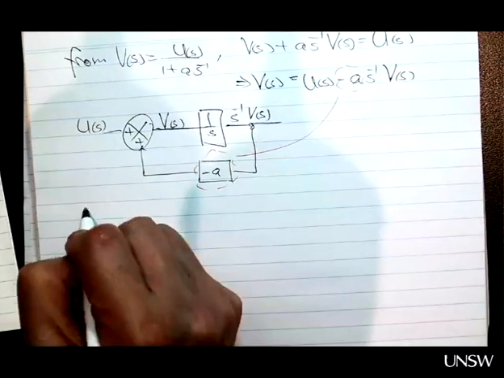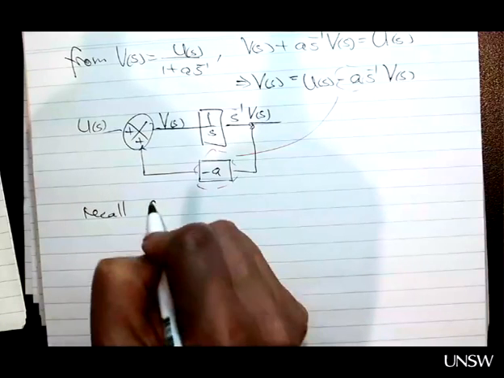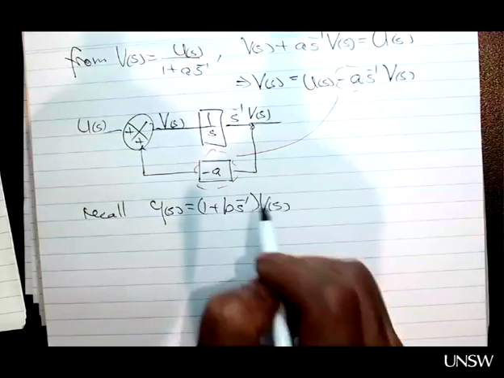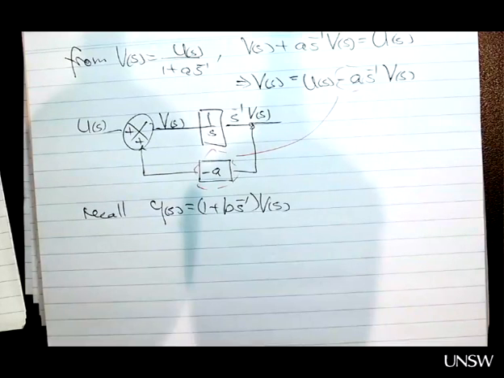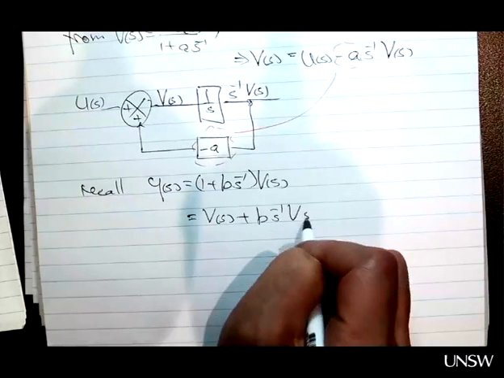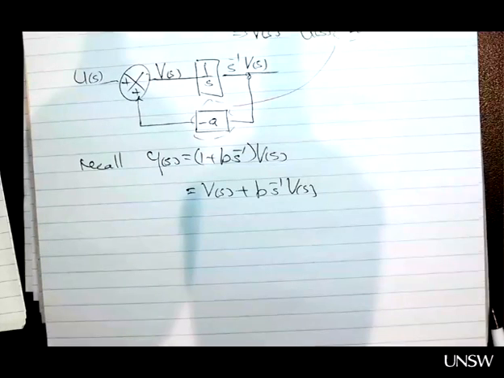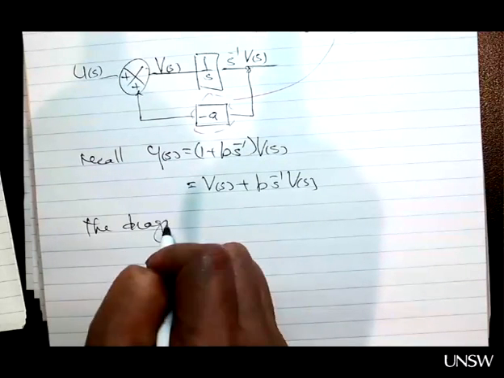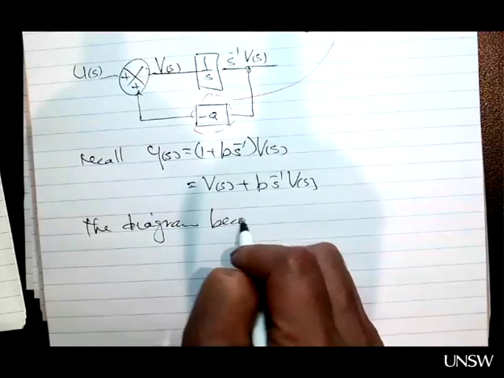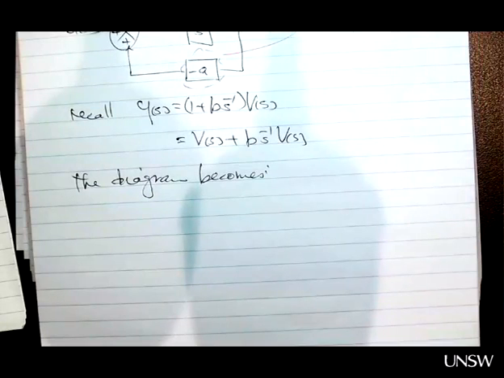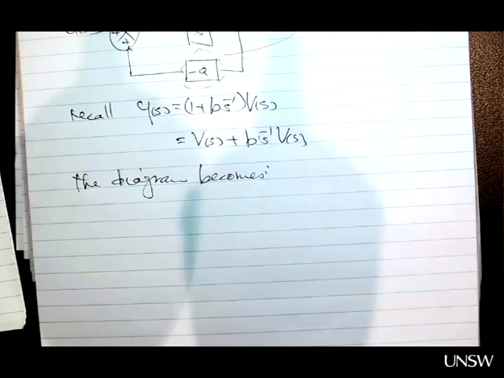And then we recall Y of s equals 1 plus b s to the minus 1 V of s. And then we can put it into this form: V of s plus b s to the minus 1 V of s. So the block diagram becomes this part.